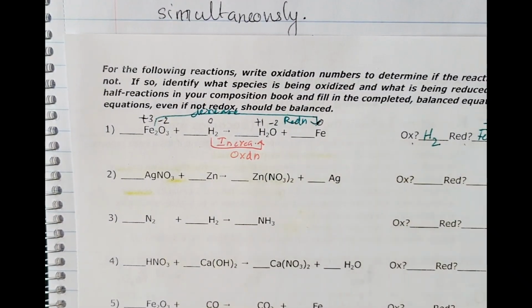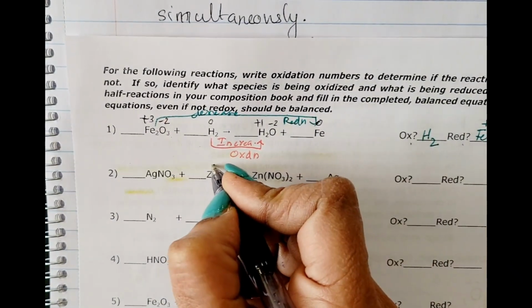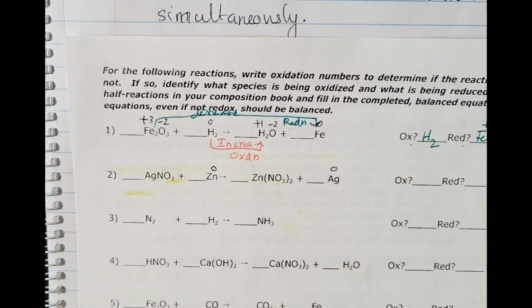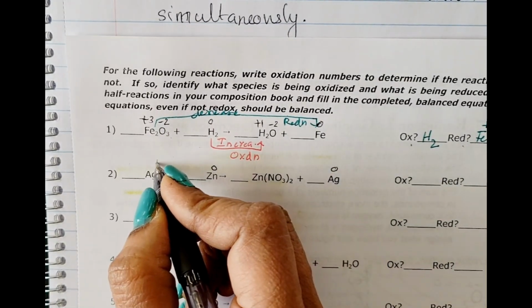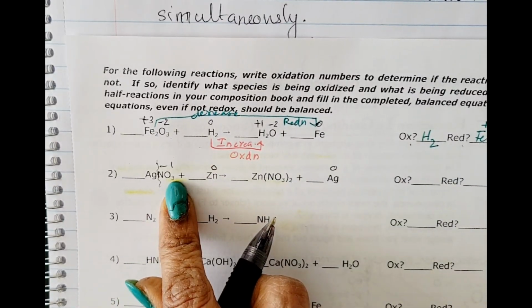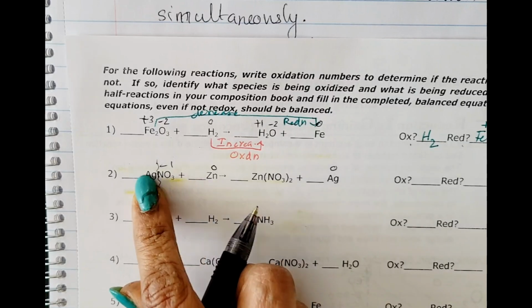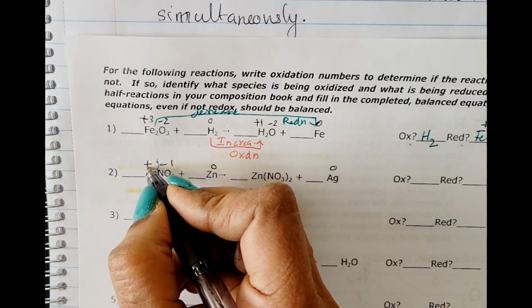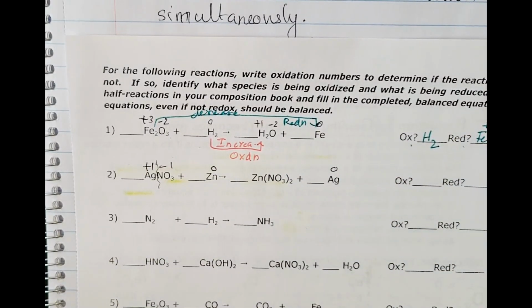Zinc is a single element, so 0, and Ag is 0. Now nitrate is -1. There is only one nitrate. So what will be Ag? +1, because the total charge must be equal to 0.